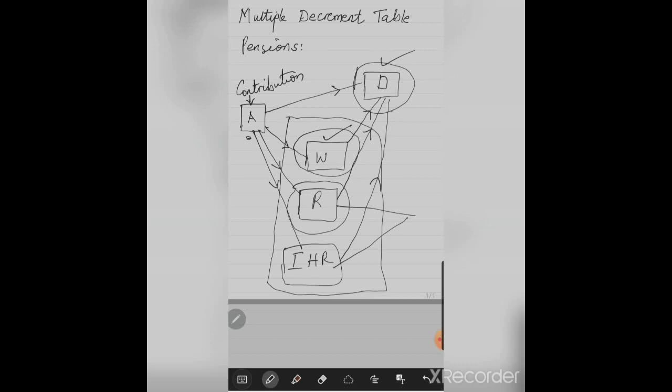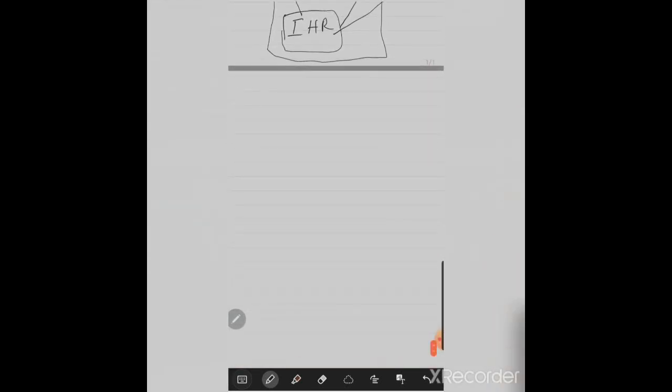In the pension context, I'm even calling it a service table. The way the service table typically gets prepared is that we initially choose the lowest age.